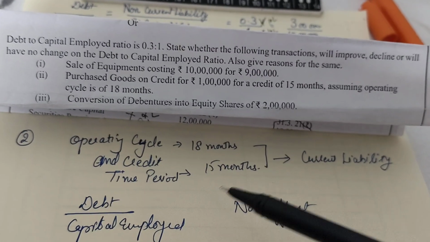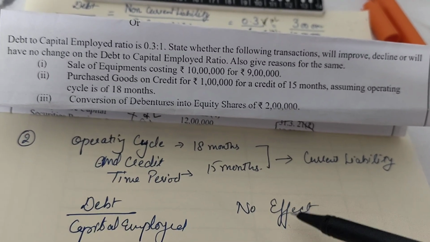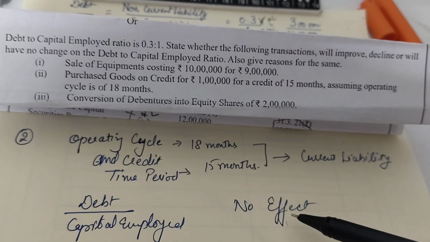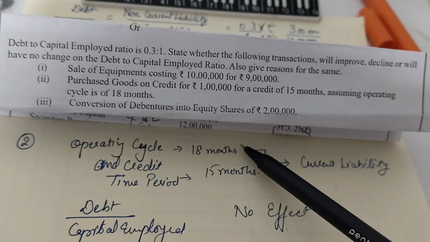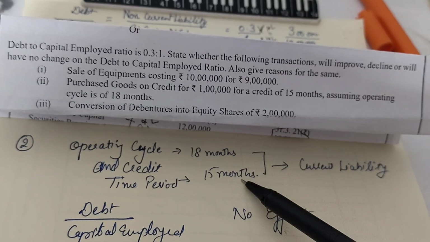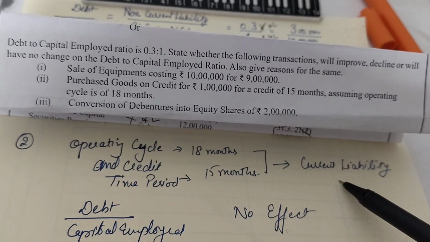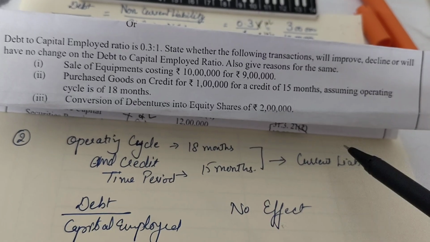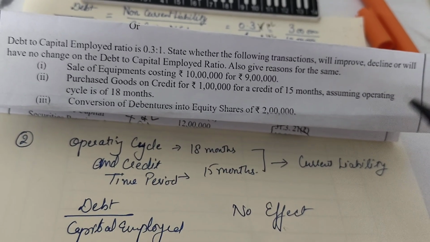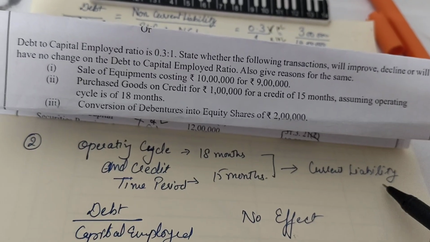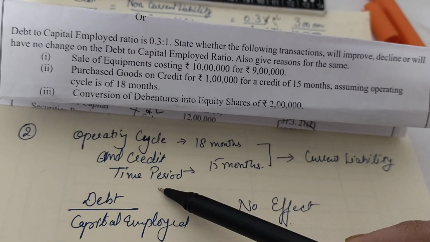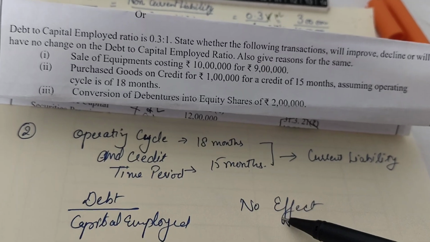So there will be no effect on your debt capital employed ratio. As mentioned here, the operating cycle is longer and your credit period is shorter, so it is a current liability. And as it increases both your current liability and your current assets by the same value, there is no change in debt and capital employed, so no effect.